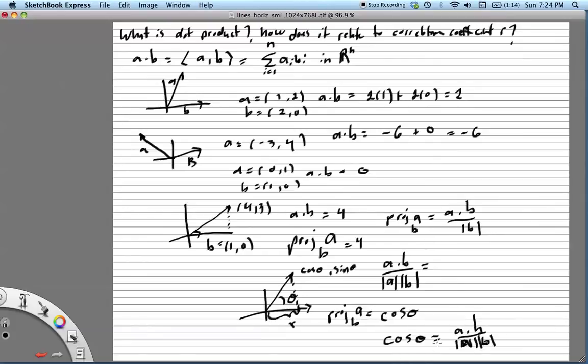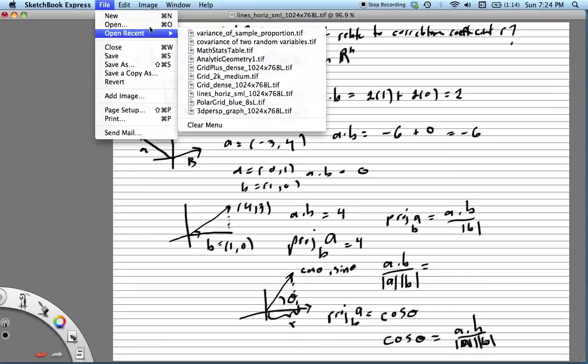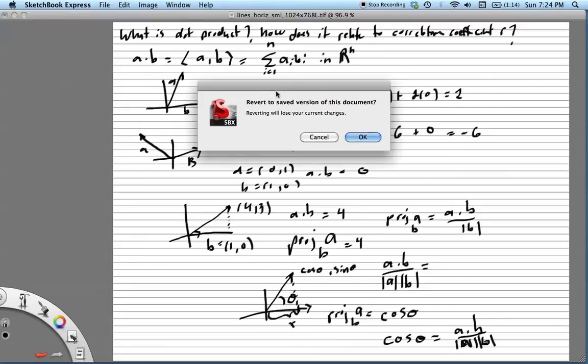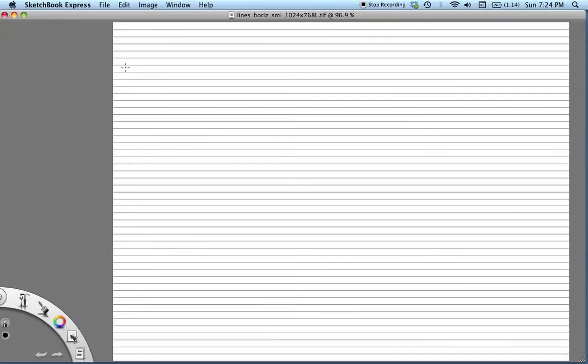Okay, and so this is our important relation here. We're going to take the results that we just came up with, which is that the cosine of the angle between two vectors is equal to their dot product over the product of their magnitudes.